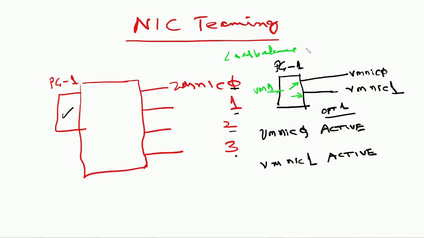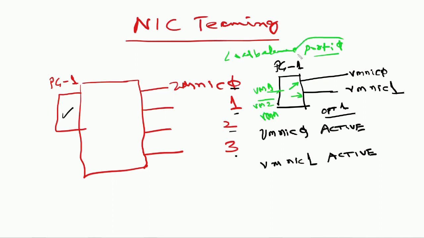So if you've said route based on originating port ID, there will be a hashing that will be done, and basically one of these vmnics will be selected. If you have a different virtual machine coming in here and other virtual machines up to VMn, then you have the same situation.